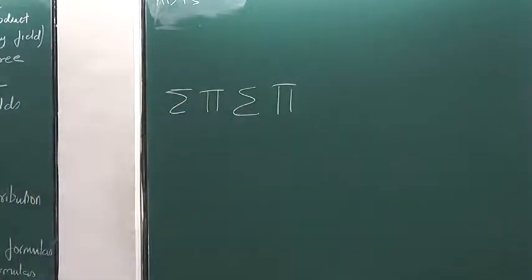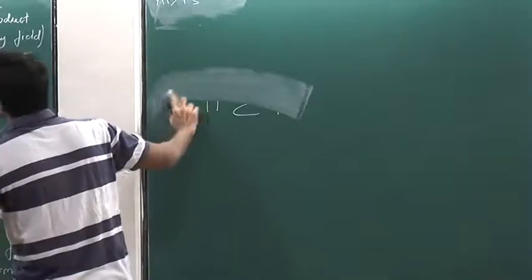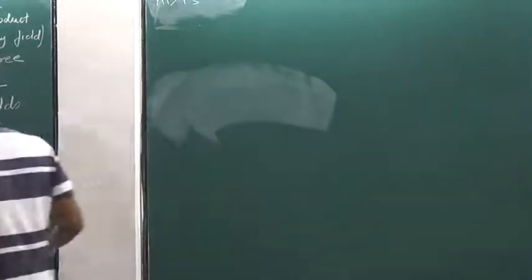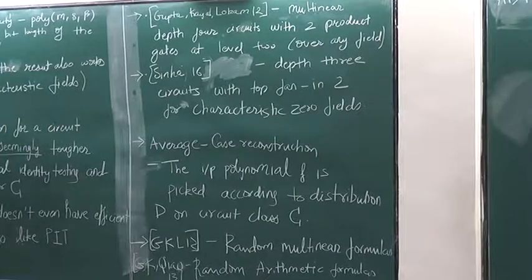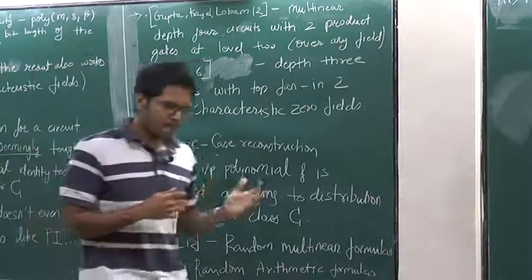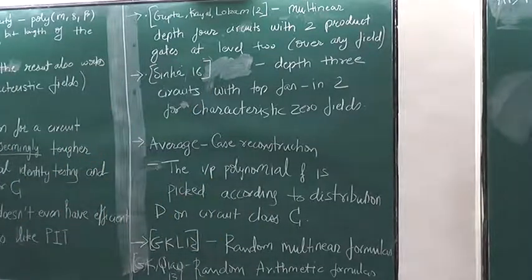That's what I mean by 2 product gates. And recently, Gaurav Sinha also gave an algorithm for depth 3 circuits with top fan-in just 2 for characteristic 0 fields. These are efficient randomized algorithms, and as you can see, even giving randomized algorithms is quite non-trivial. The models are quite restricted.